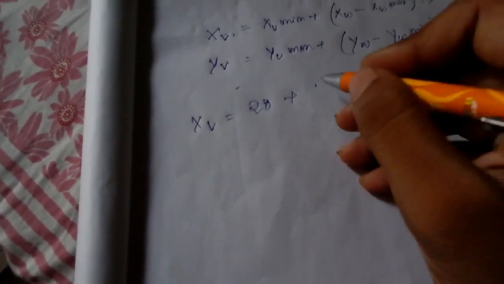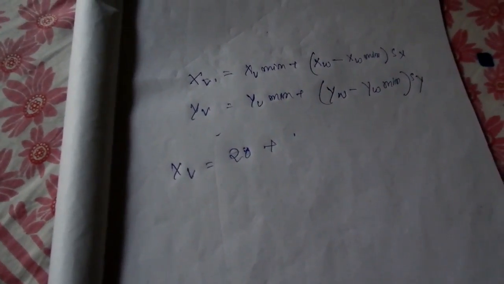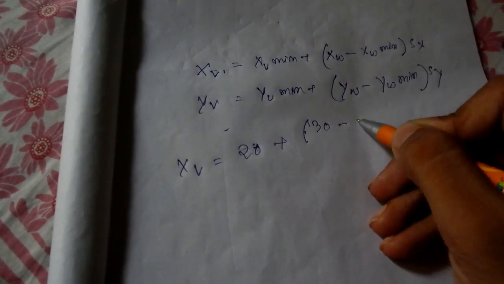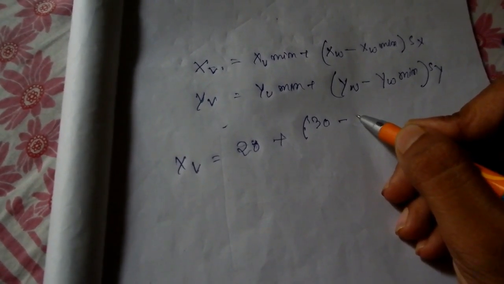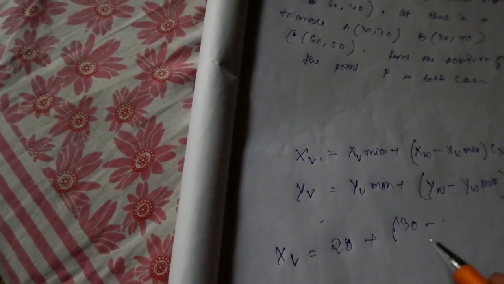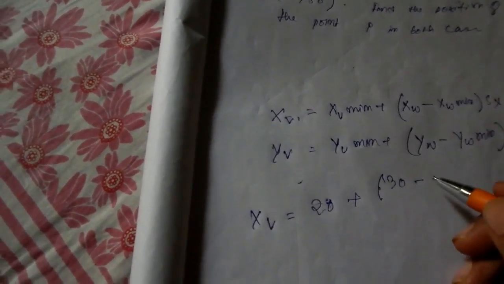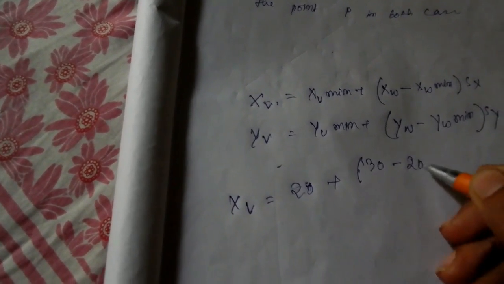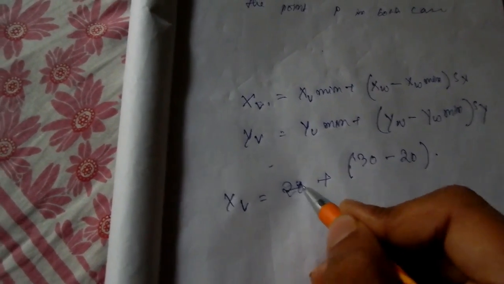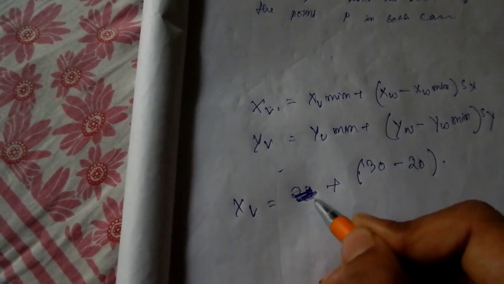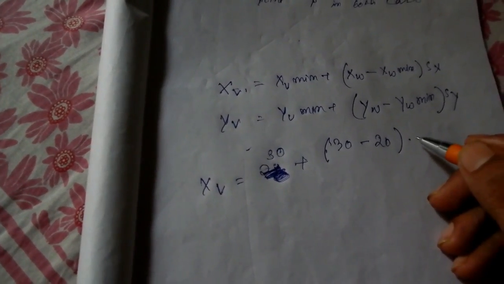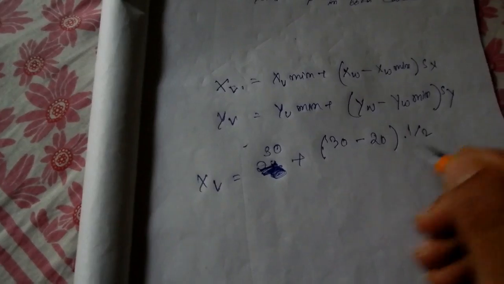So xv is xv min, which is 30, plus xw minus xw min, that is 30 minus 20, which is 10, into Sx, which is half, right?